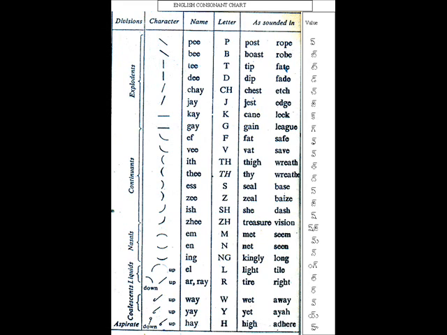Then th, light sound, light stroke. Th, thick stroke, heavy sound. You see the directions and the shapes. For th, you see in the circle, it should be like this. Then, just the opposite of it.